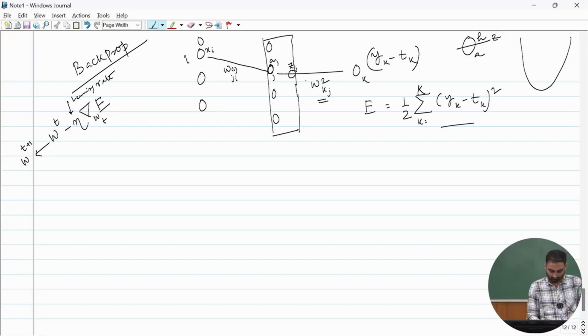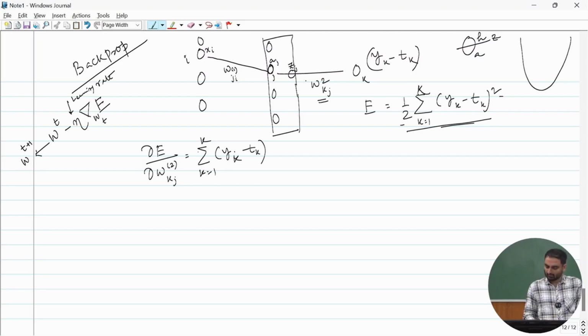wkj2. To update this, we need to take the partial derivative of it with respect to wkj2. That means we need to take the derivative of this with respect to wkj2, right? This is x square, so 2x, so the 2 and this half will cancel out, so this will be the sum over yk minus tk, k equals 1 to k.